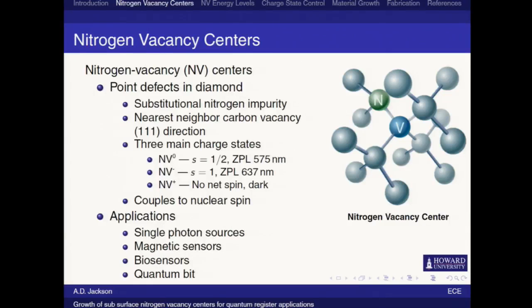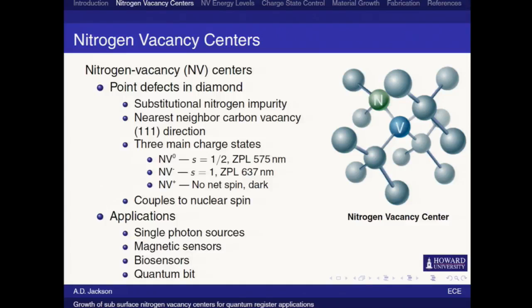Nitrogen vacancies are basically a nitrogen substitutional impurity next to a carbon vacancy along the 111 direction. There are 4 unbonded electrons associated with that vacancy, plus 1 from the nitrogen valence.